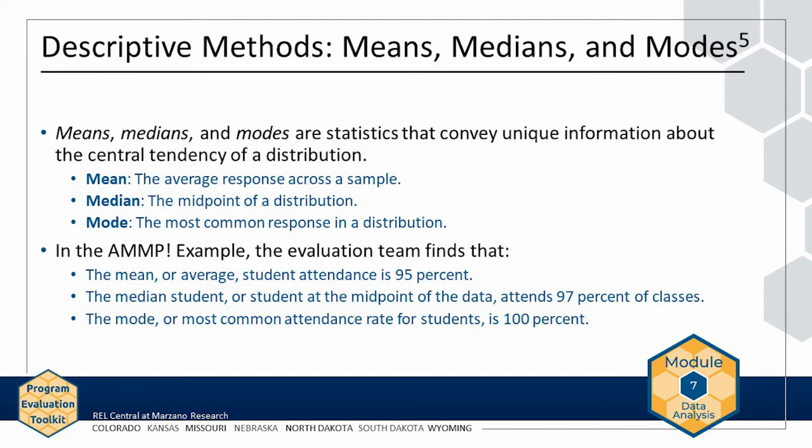The median student, or student at the midpoint of the data, attends 97% of classes. And the mode, or most common attendance rate for the students, is 100%. Taken together, the mean, median, and mode also give the AMP evaluation team a sense of the distribution of attendance across participants. More on that soon.